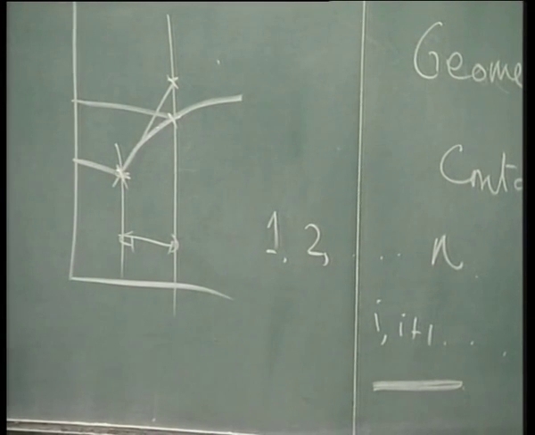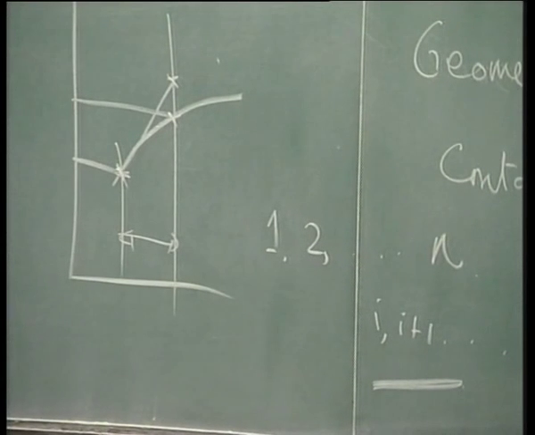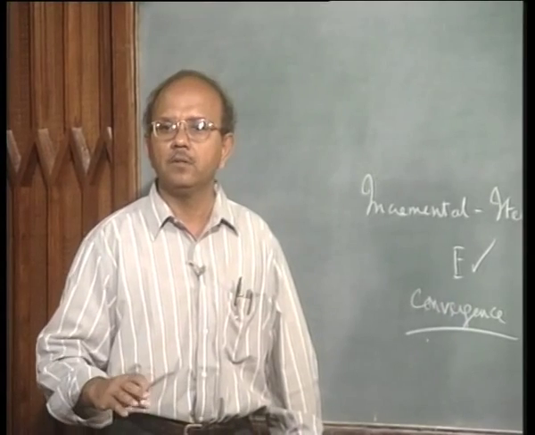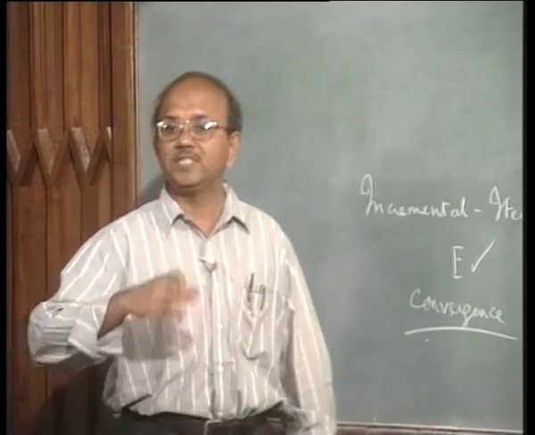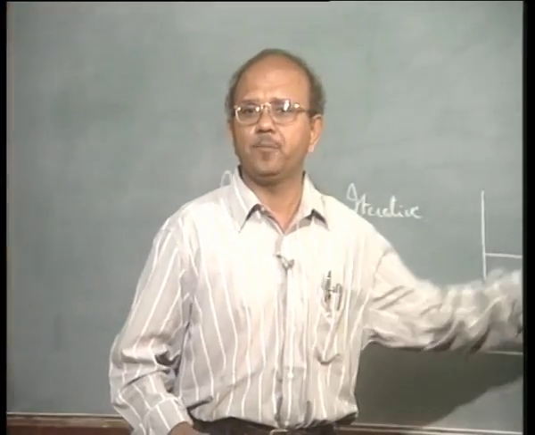The load and the corresponding deflection are correct, so I will be in equilibrium. As long as I lie on this curve, it means that I am in equilibrium. There is a displacement or deflection which is the result of equilibrium, and that is what is depicted in this load deflection curve.